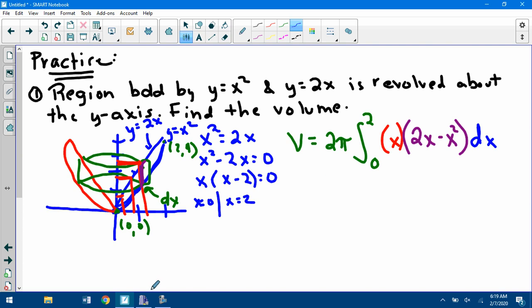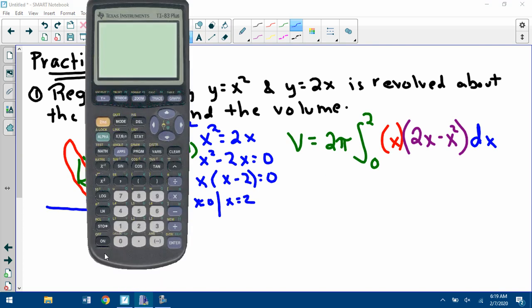Okay, so plug that into our calculators, and I'm going to do math 9. So it's the integral of x times 2x minus x squared, comma x, comma 0, comma 2.